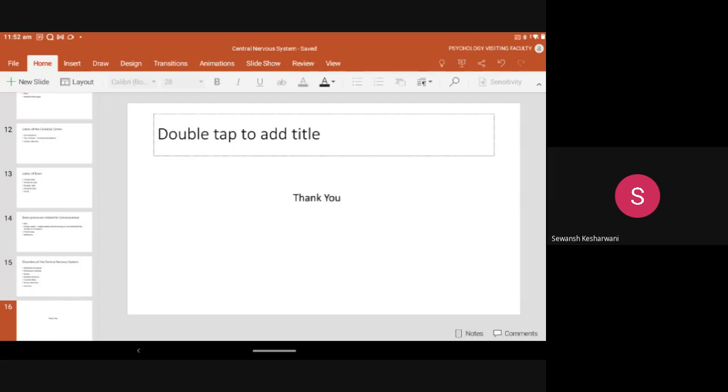Also, you can study from P.N. Bhattacharya, or from other books like Chauhan, or S.K. Mangal, Introduction to Psychology, or C.C. Chatterjee.